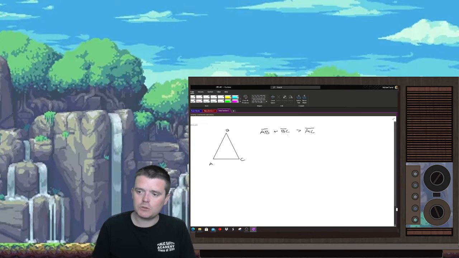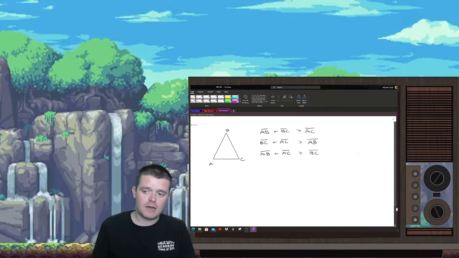Not greater than or equal to, it has to be greater. And BC plus AC has to be greater than AB. And AB plus AC has to be greater than BC.